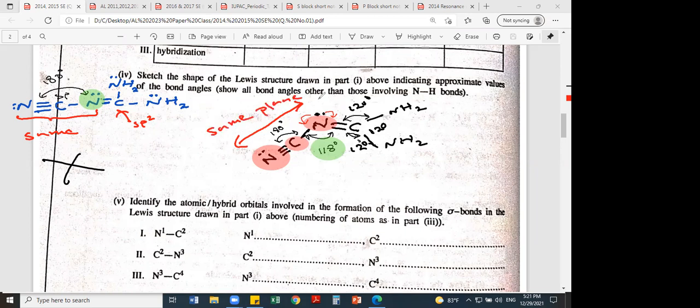Understood? Not same line, not same plane, sorry, but same line and same plane as well. These three atoms lie on the same plane and same line. If you take nitrogen and carbon, not in the same line but same plane.